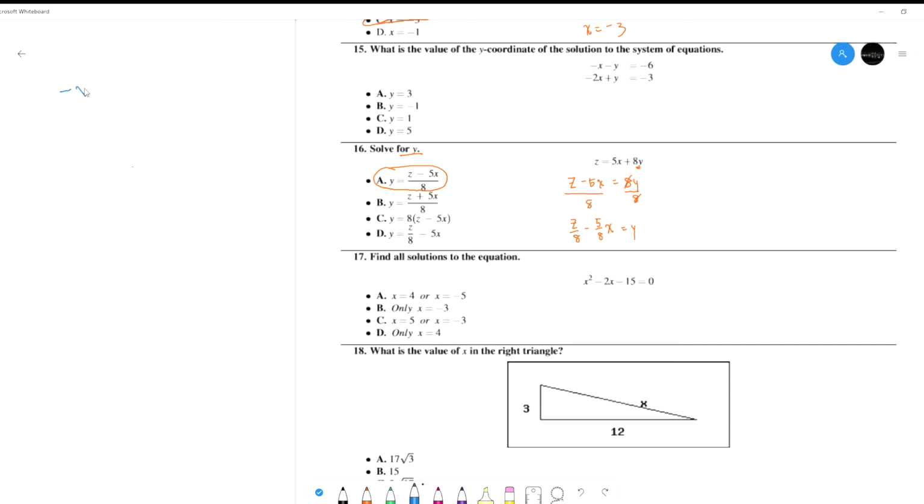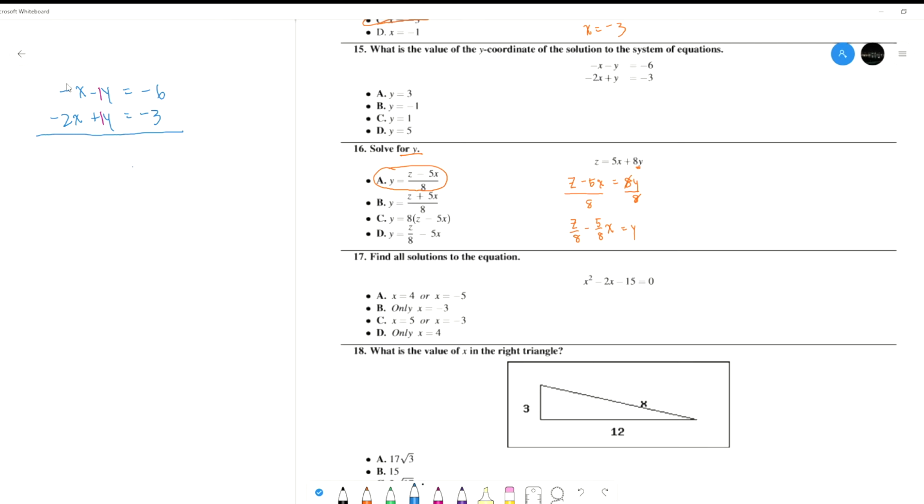So the original problem: negative x minus y equals negative 6, negative 2x plus y is equal to negative 3. Now, I already see in this problem my coefficients for y are opposites, right? So I don't need to multiply by anything. I simply add vertically.